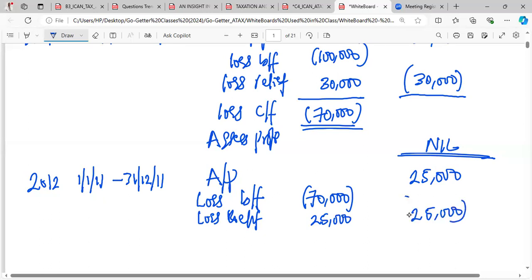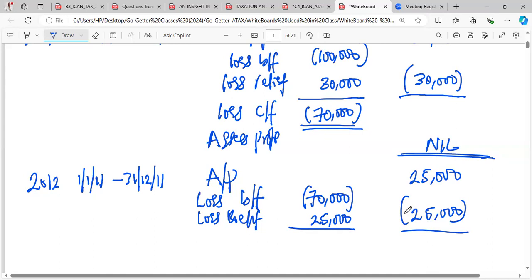25,000 negative. Now, if you notice, this is different from the way we did capital allowance. In capital allowance, it was never a negative figure. It was a positive figure. And when we are relieving capital allowance, capital allowance relief is always in negative, both in this first naira sign and in the second naira sign.